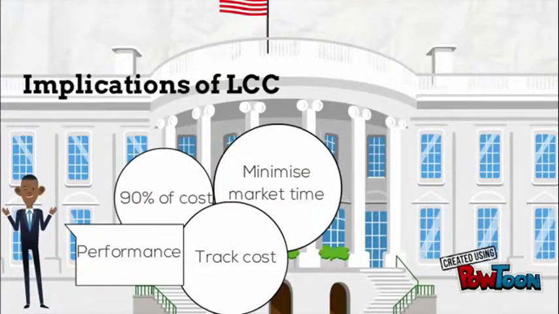So they can focus on making that phase as short as possible and getting those products to market as quickly as possible, so they start to generate revenue. It also enables them to track costs through the life cycle of the product, so they can see overall whether the product is profitable or not.